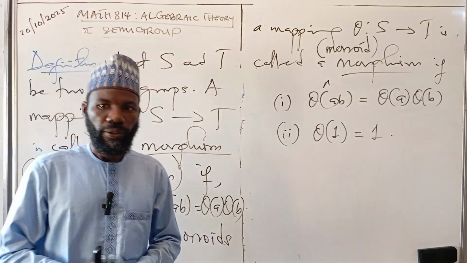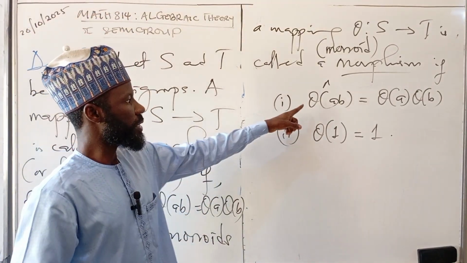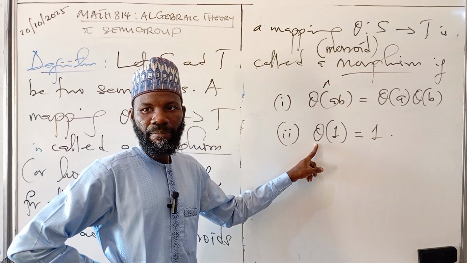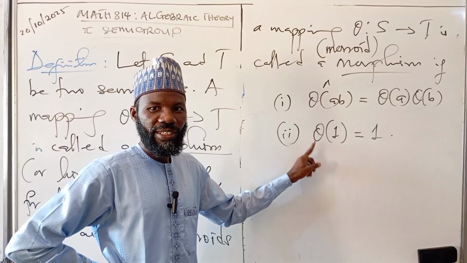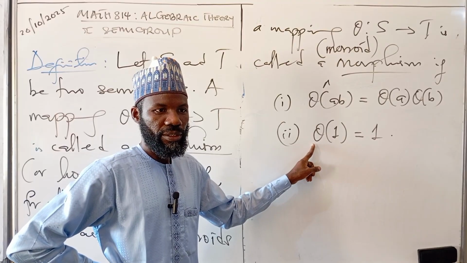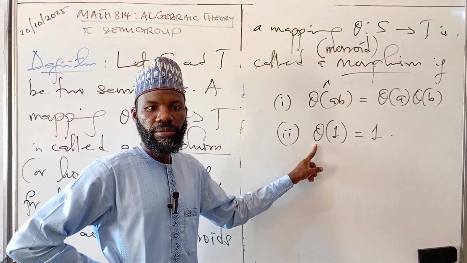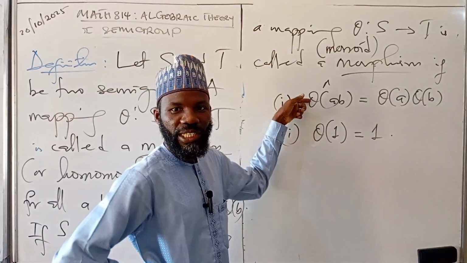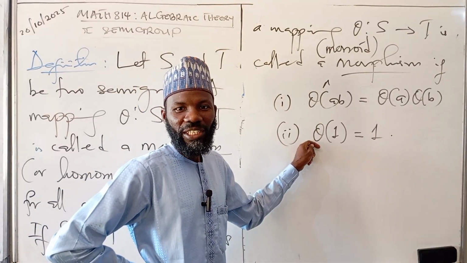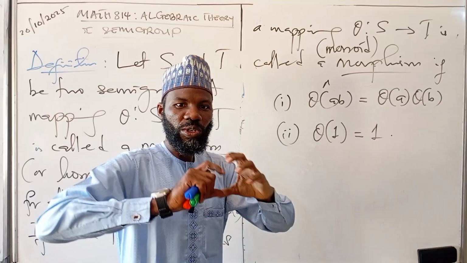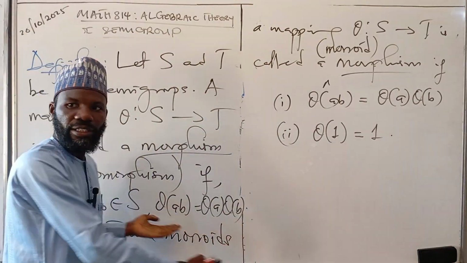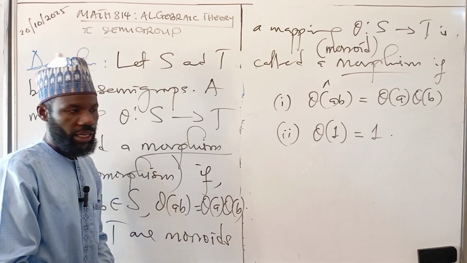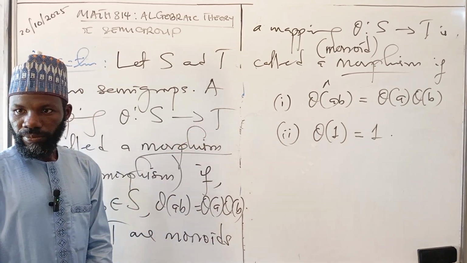In group theory, if you have this first condition, the other one is automatic. Nobody is pronouncing this condition in group theory. Why? Because the existence of inverses along with the first condition will imply the second condition. So in group theory, once you define this preservation of composition, it suffices in defining morphisms.